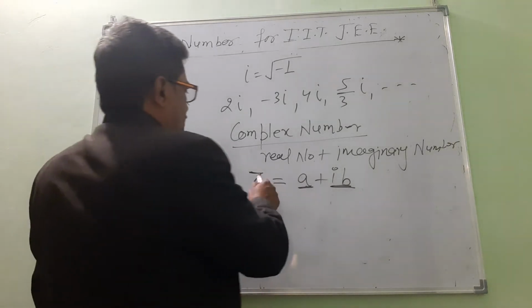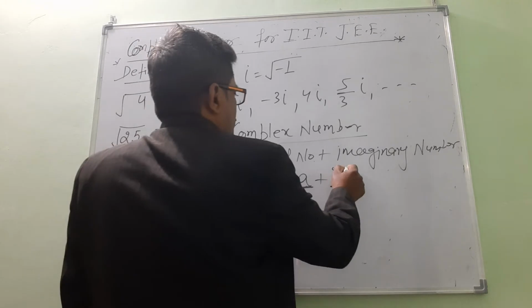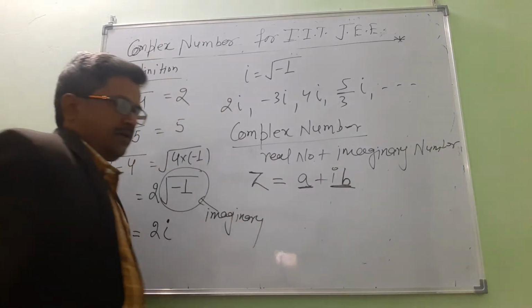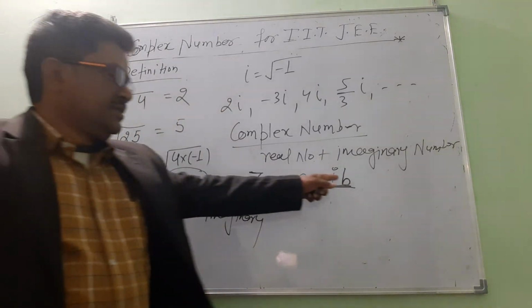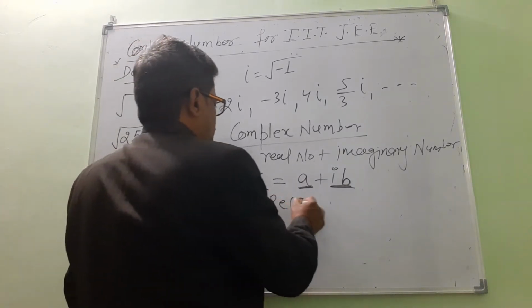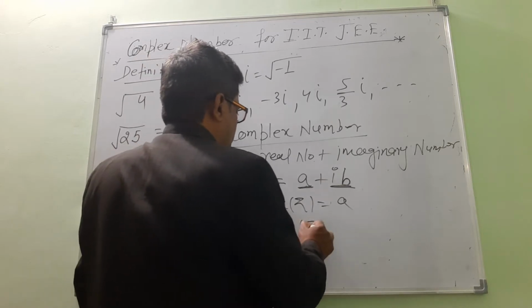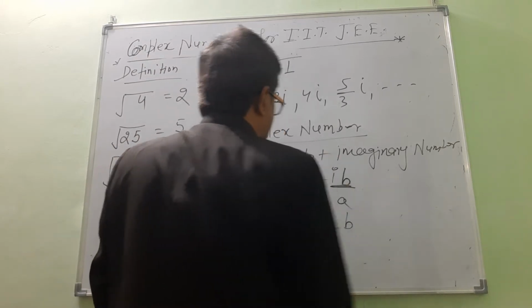A is the real part of z and b is the imaginary part. So the real part of z is a and the imaginary part of z is b.